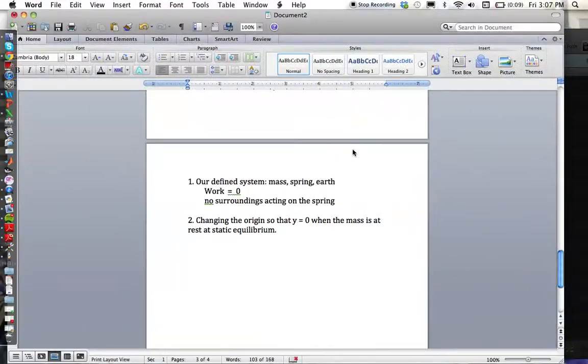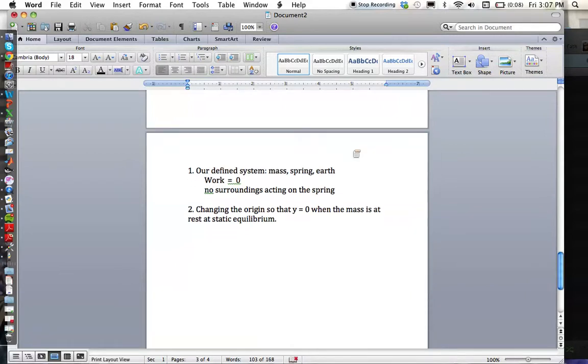So then we can say the work of the system is 0. If we were to have the spring just be our system and the mass and earth be our surroundings, then that would change how we format our equation, and work would no longer equal 0.